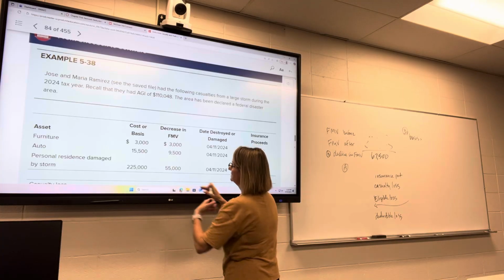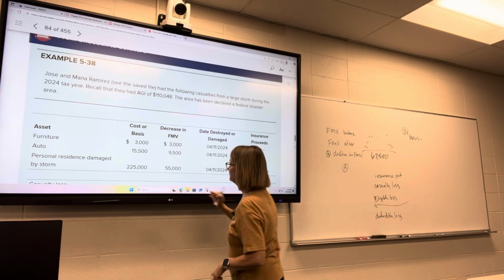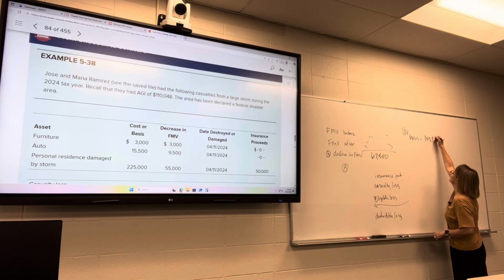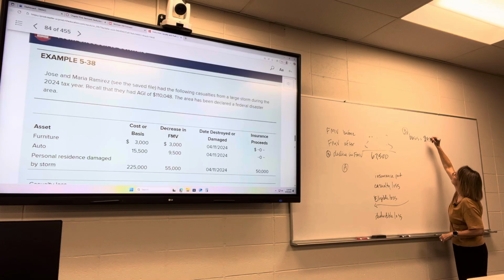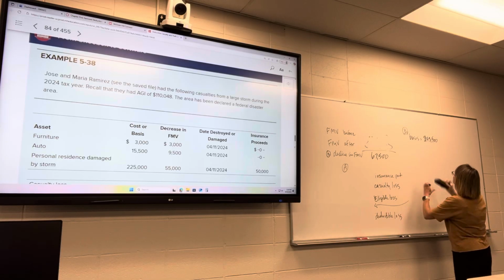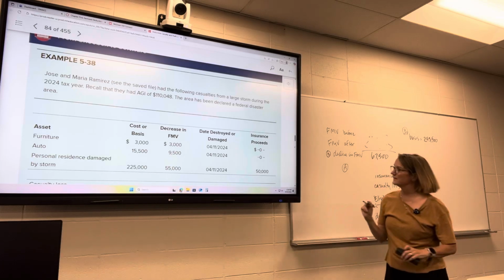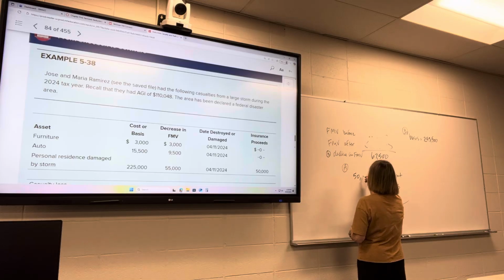The original basis of all of these items: 18, 25, 45, 43.5, or 243.5, sorry. So 243.5, and insurance proceeds were 50,000, which we will put here.